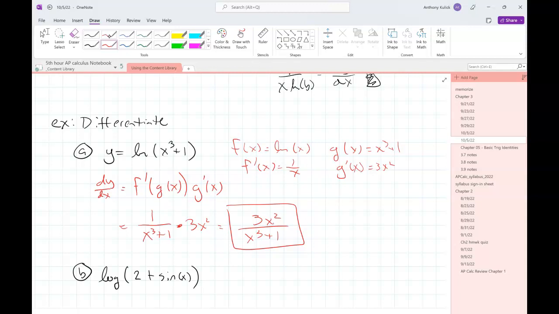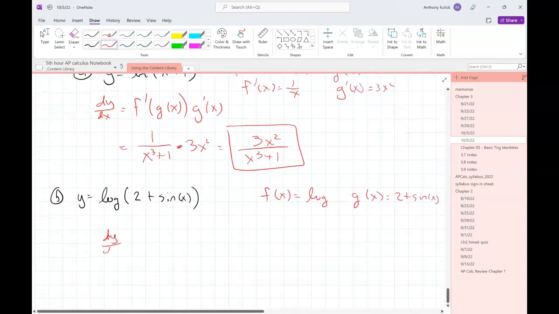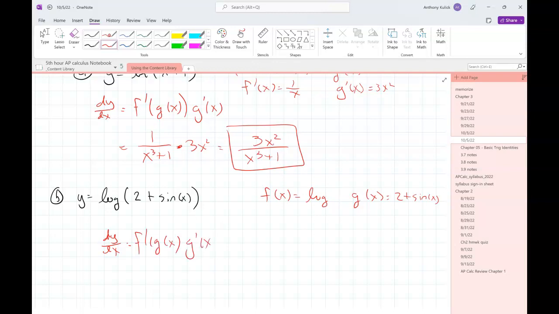Okay, what if we have y equals log of 2 plus sine x. What do you guys see? Hopefully another chain rule. So the derivative of the log of x is 1 over x natural log of 10.